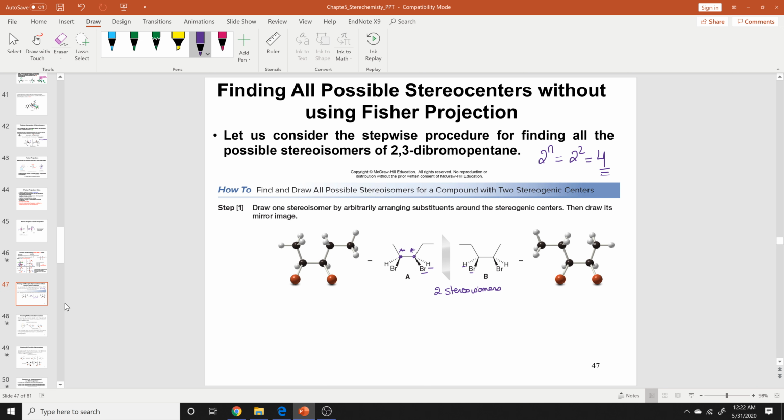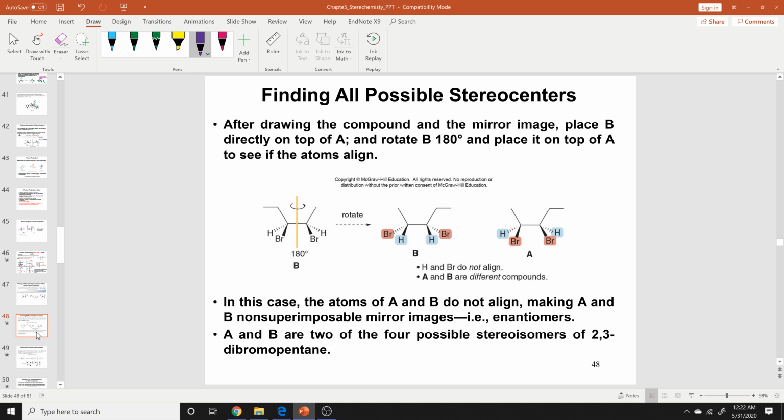If they don't align, then we say that A and B are a pair of enantiomers. This test is important every time you are figuring out the enantiomers: rotate 180 and then put them on top of each other and see if they align or not.